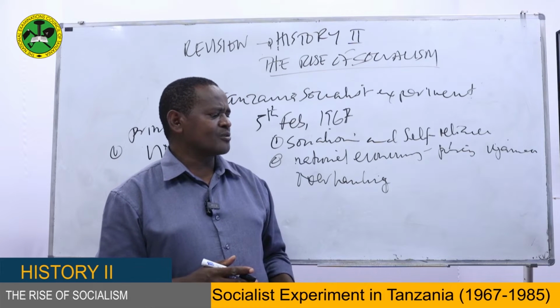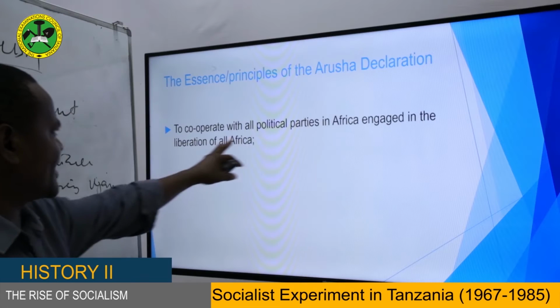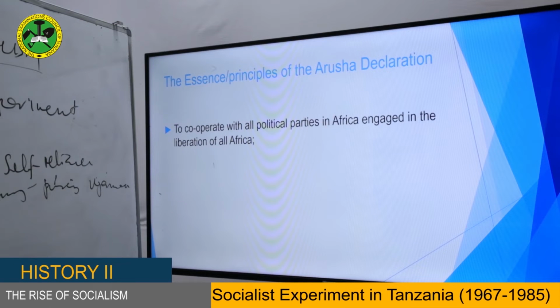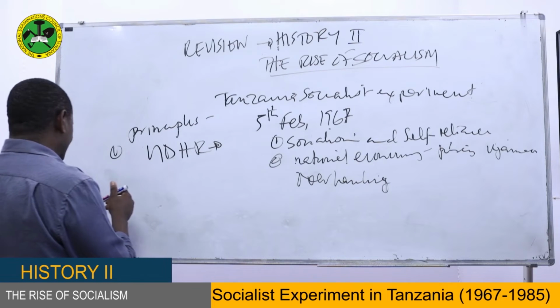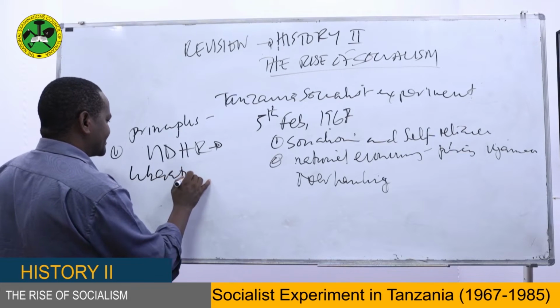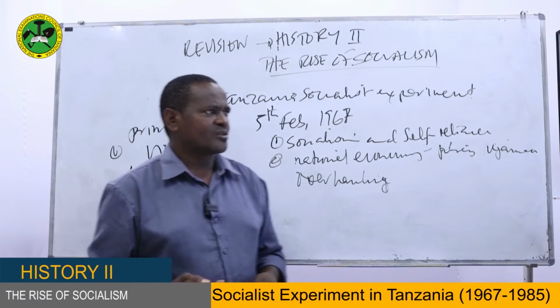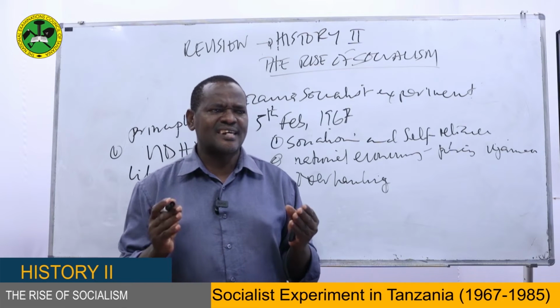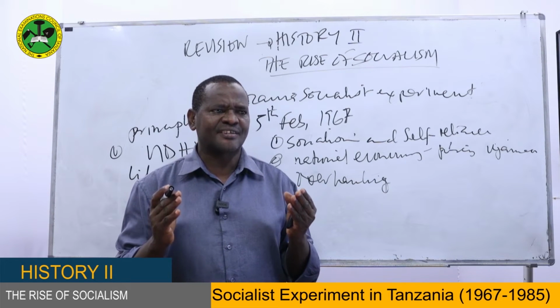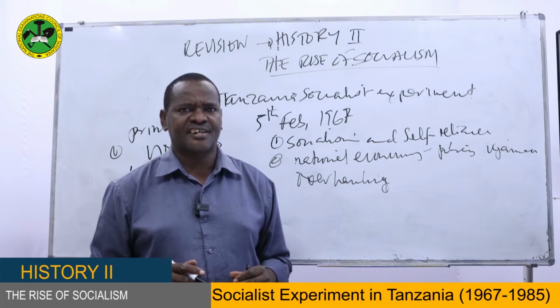Another principle of the Arusha Declaration is to cooperate with all political parties in Africa engaging in liberation movements. Remember, Tanzania, under Mwalimu Nyerere, used to believe that Tanzania will never consider herself independent until all African countries are independent.